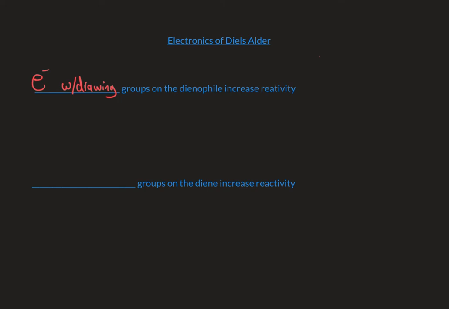If we look at an example, the diene, we're just going to use a standard 1,3-butadiene plus a dienophile. I'm going to put a couple of electron withdrawing groups on here. These are both ester functional groups, and they are electron withdrawing. Both of these oxygens are electronegative, so they're withdrawing electron density.